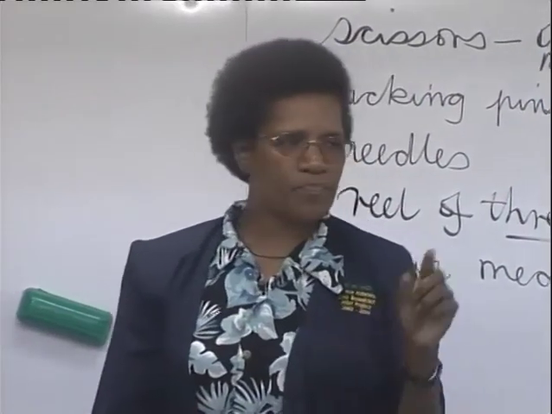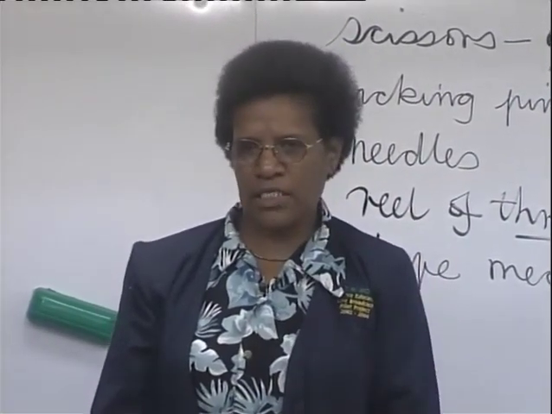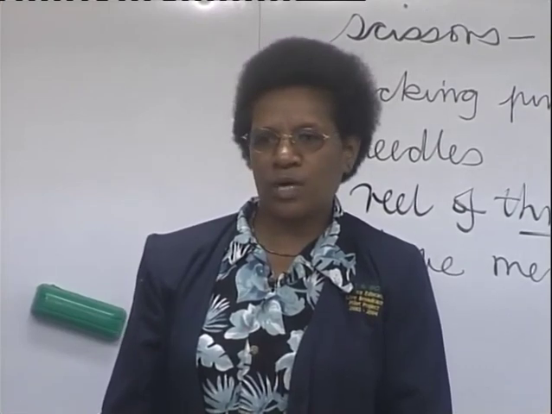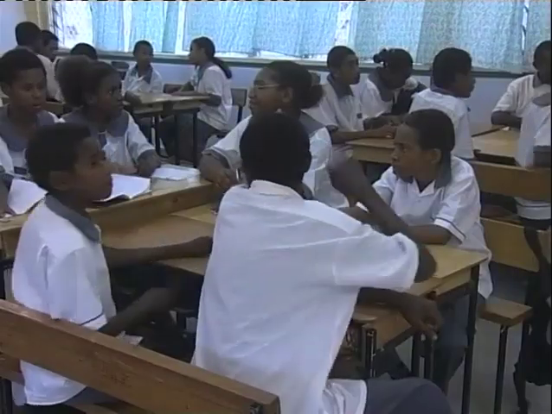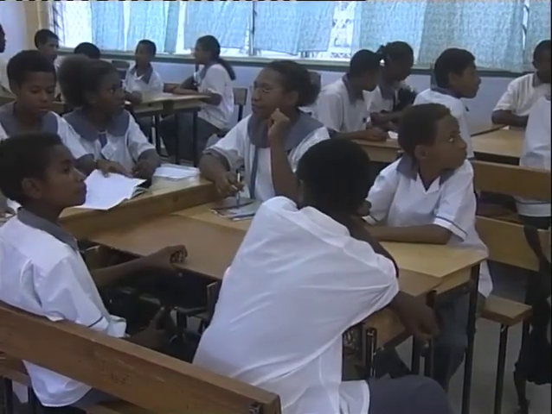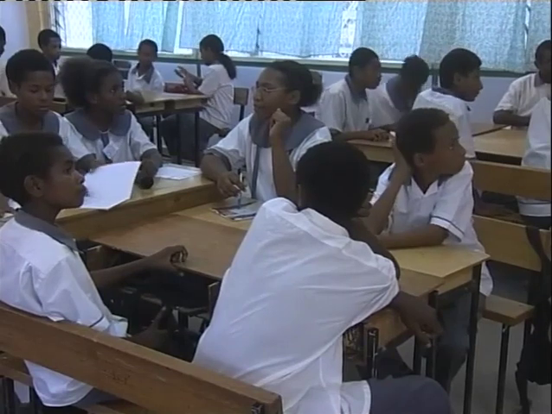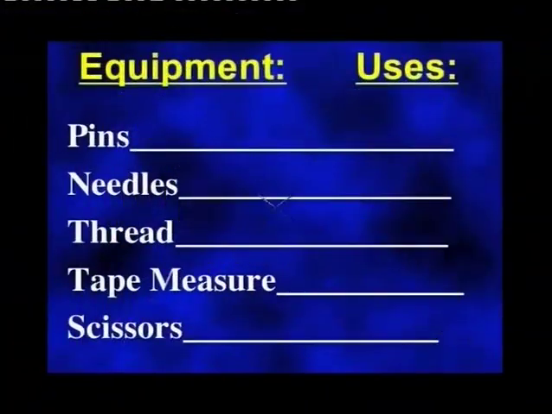I left pieces of paper already on your desk, and I'd like you to gather in your group quickly. You have the list of equipment, and next to it you have the uses. So the pair of scissors, we've done that together. You will work on pins, needles, thread, and tape measure.